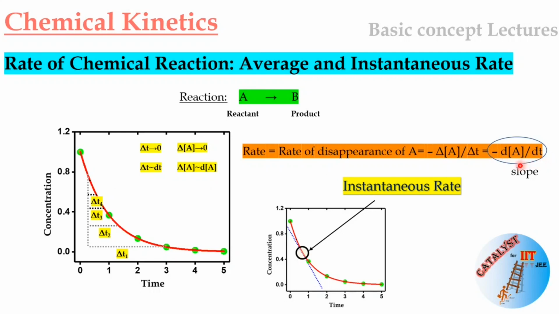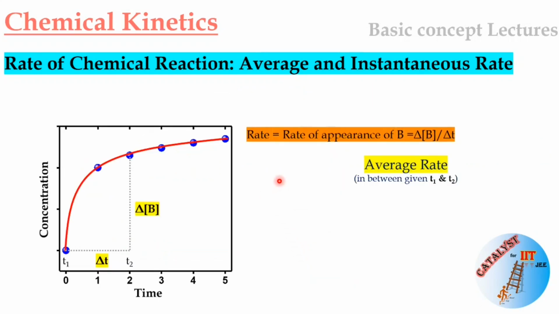So this is nothing but the slope of the curve at that point, which is denoted here by the blue dotted line. The blue dotted line is the slope at this point of the graph, so this slope of the curve will determine the instantaneous rate at this point. This is very similar for the product concentration as well.